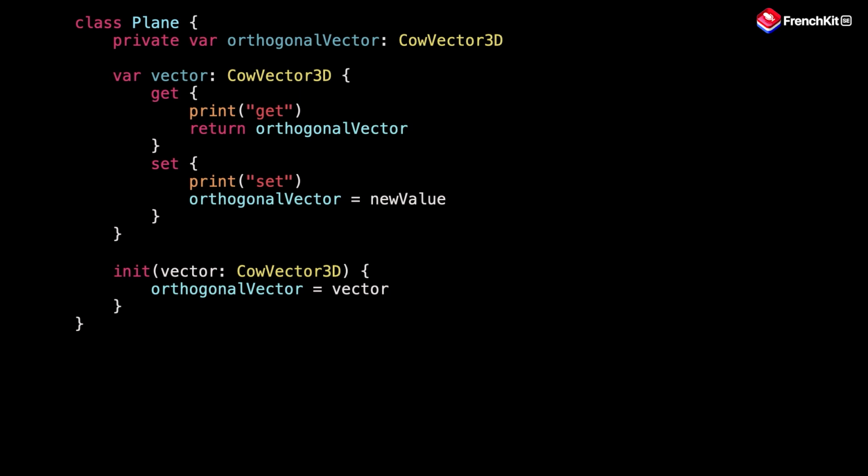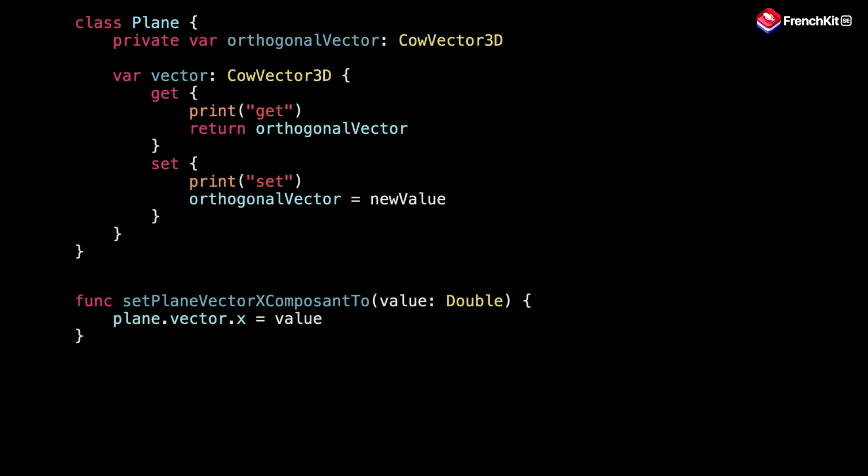Once again, here in the getter and the setter, we're going to print get and set in order to really understand what's going on. And let's create a function called setPlaneXVectorComponentToValue, which is going to set the X component of the vector to a value, because we are that good at naming.